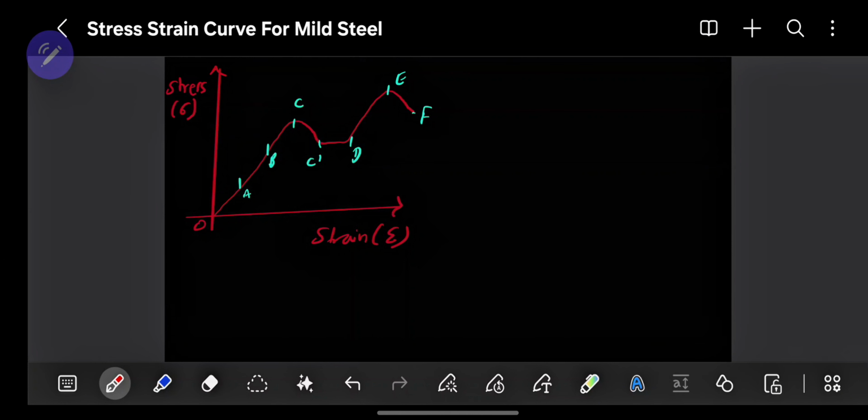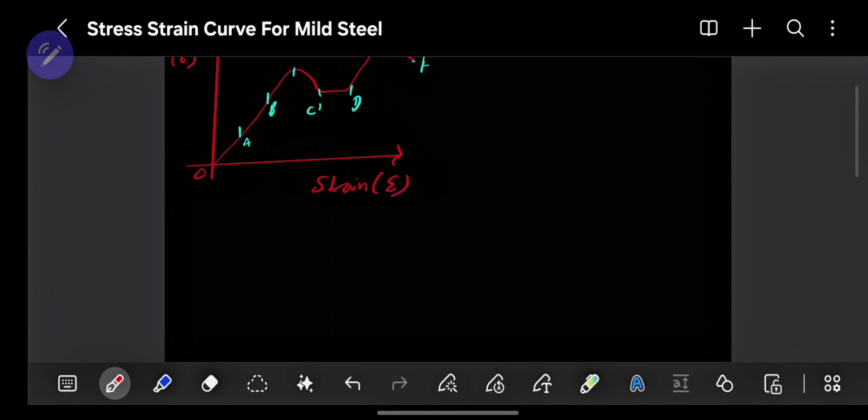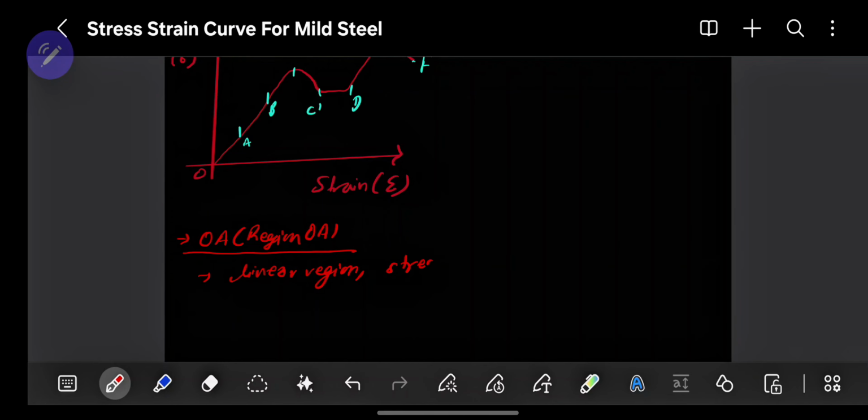We need to look at each section individually. So let's go through section OA, or region OA. Here this is the linear region where stress is directly proportional to strain.